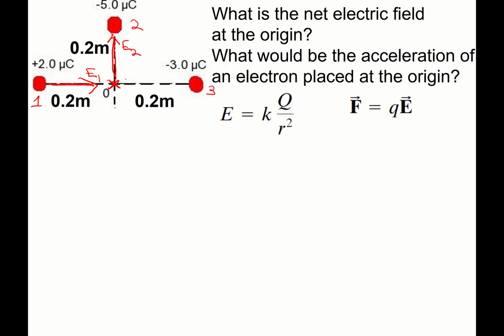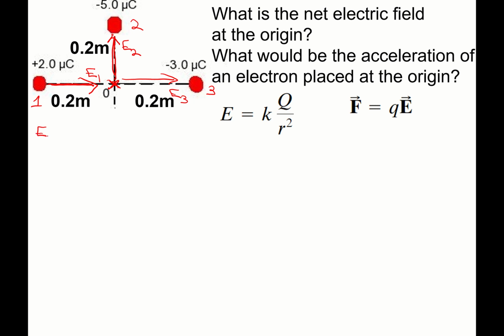And it's going to go into charge 3, which is negative. So we've got two fields going towards the right and one field going up. So now let's calculate the magnitude.